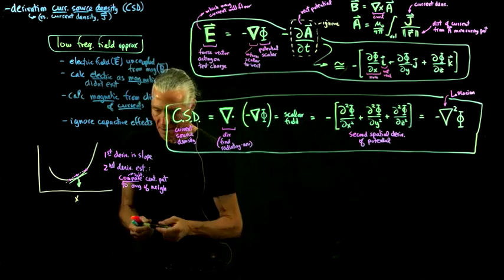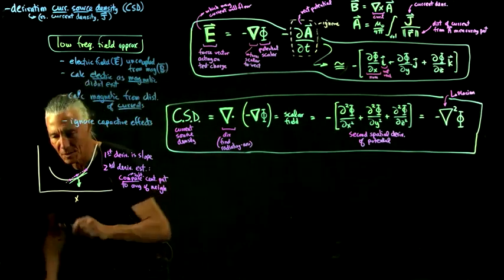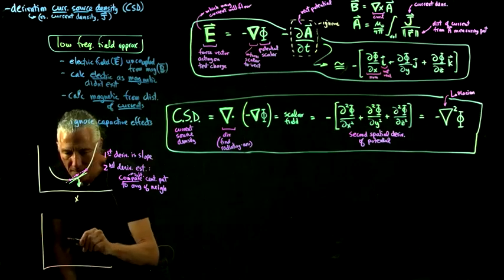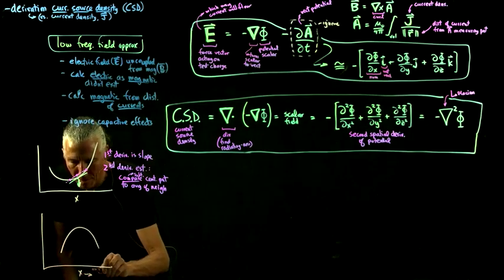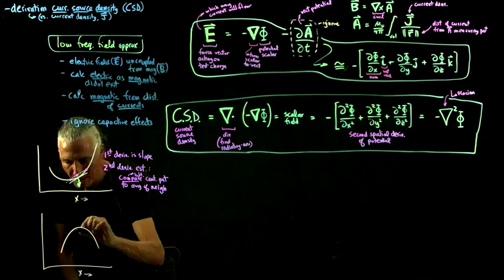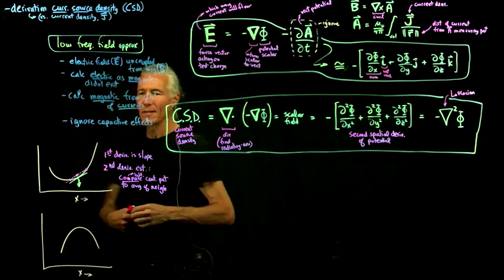And alternatively, you could do the same thing. Imagine you have a curve that's going like that. As you go up in x, how do you calculate the second derivative?